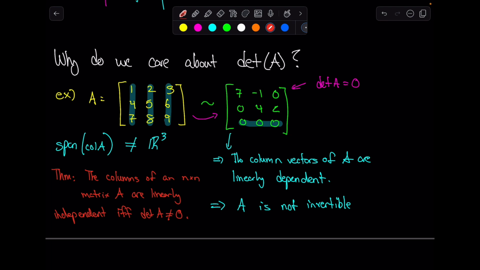If the determinant of A is equal to 0, that means at some point we were able to row reduce this down and get a row of zeros somewhere along the way. And because of that, we get linear dependence. That's going to give us a 0 determinant, and it's going to give us linear dependence immediately.